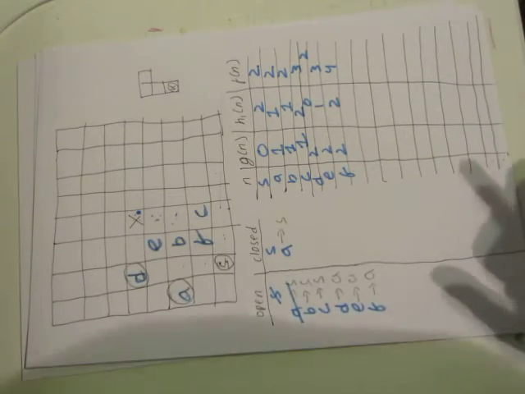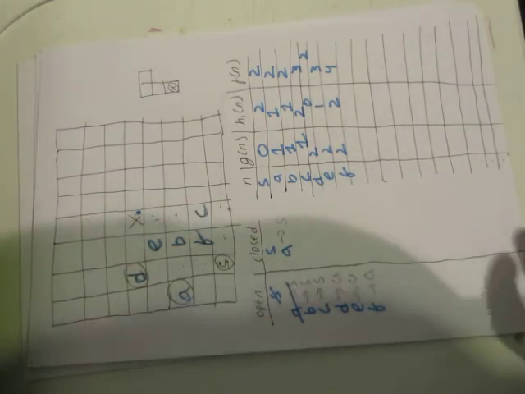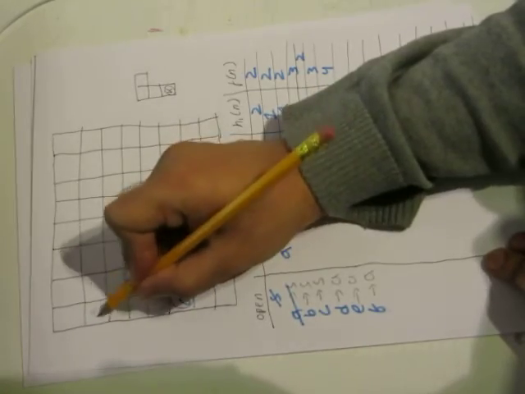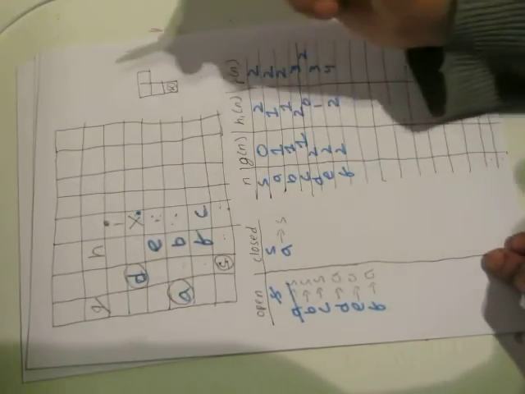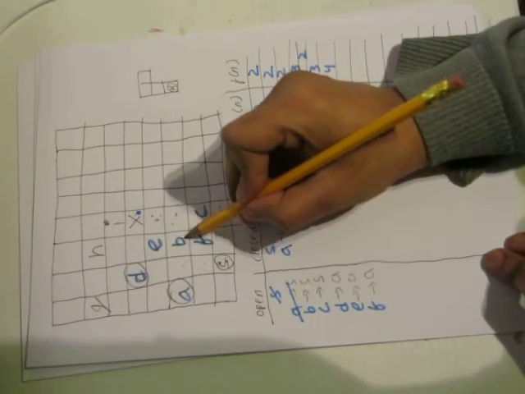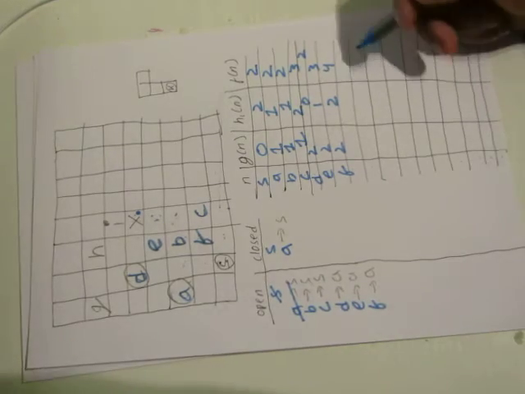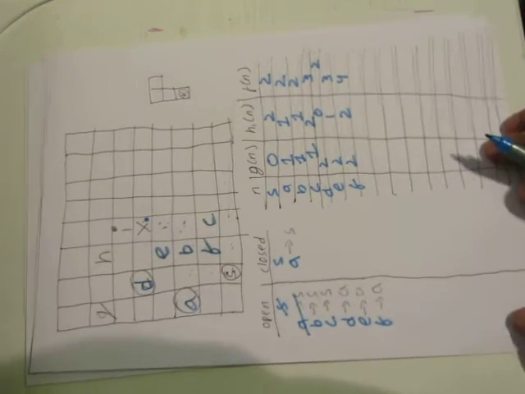We expand D. From here we can go to here, or here, or here, or here, or here. So we put the expanded nodes into the open list.